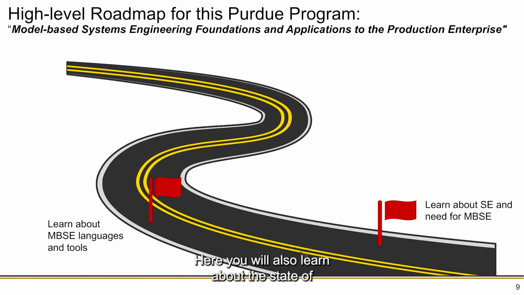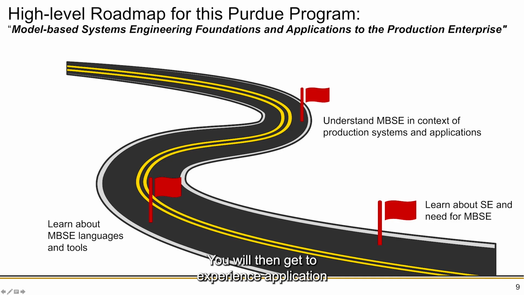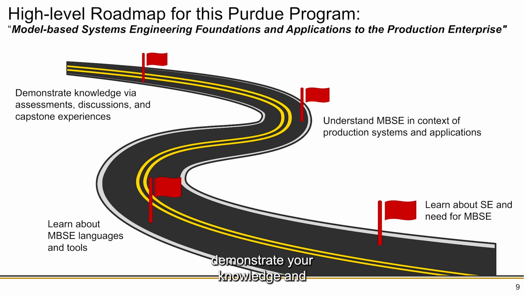Here you will also learn about the state-of-the-art tools that are used in MBSE. You will then get to experience application of MBSE methodologies, languages, and tools in the context of production systems. And finally, you will get to demonstrate your knowledge and this newly acquired skill set of model-based systems engineering via various assessments, discussions, and capstone project.